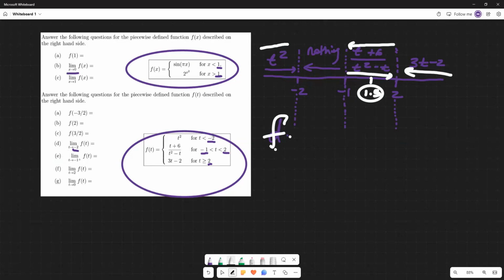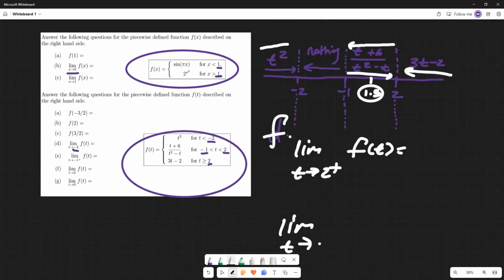So we need to do the limit as t approaches 2 from the right of f at t, then the limit as t approaches 2 from the left of f at t.